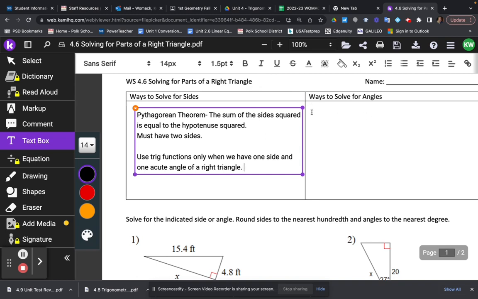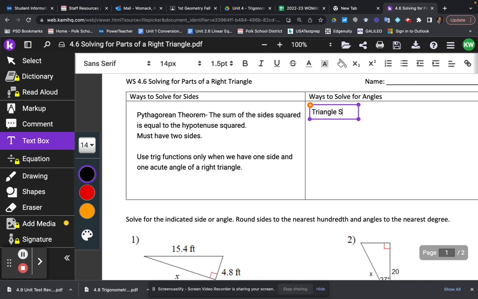Well, if you go back to the Unit 2 test, then we always had the triangle sum theorem. And that is to say, the sum of the interior angles of a triangle must equal 180 degrees.